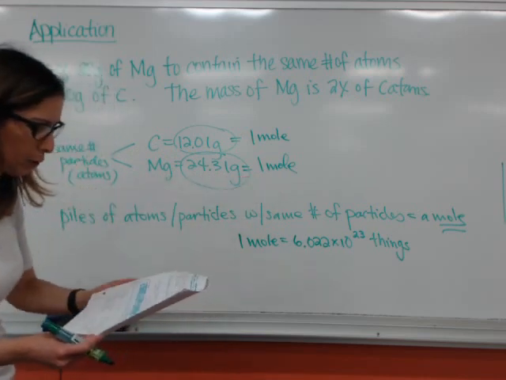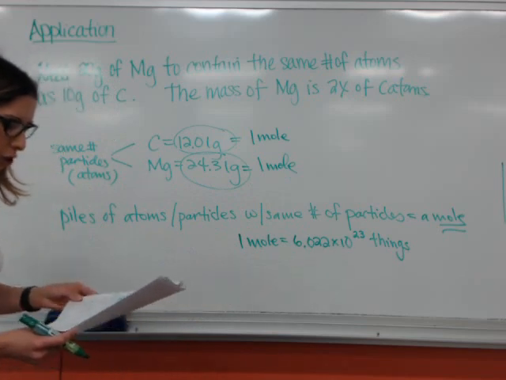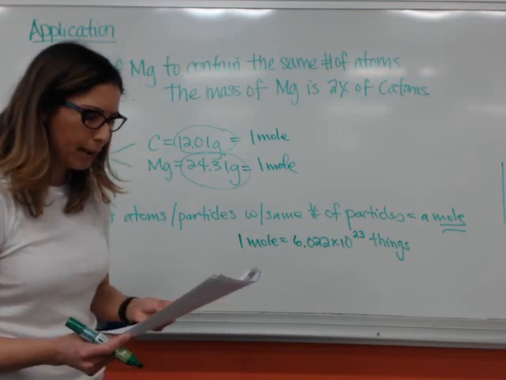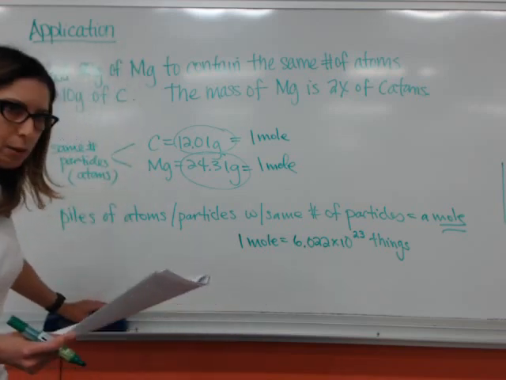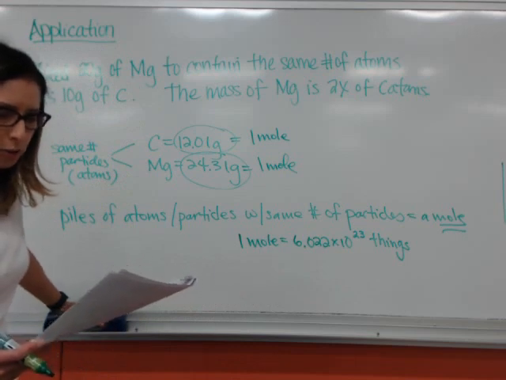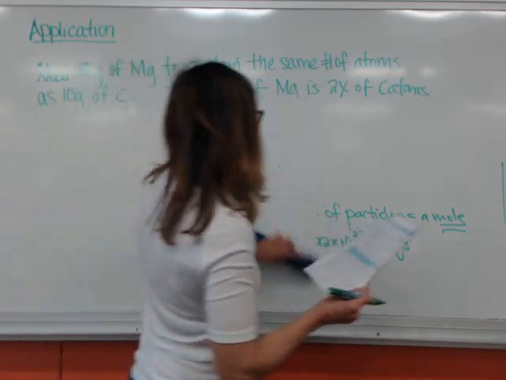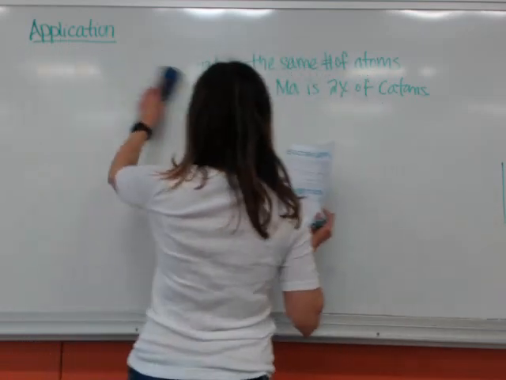Number 3, in the empirical formula of a compound lab, we'll be exploring the relationship of how much mass there is versus how many atoms there are in a sample of a compound. Consider a common compound, everyday table salt. Table salt is sodium chloride, with a chemical formula of NaCl.